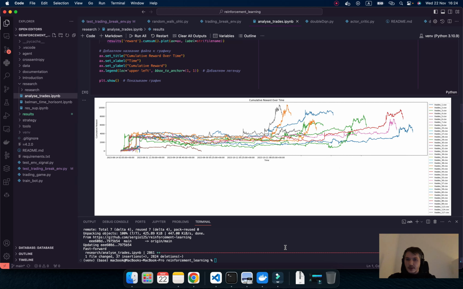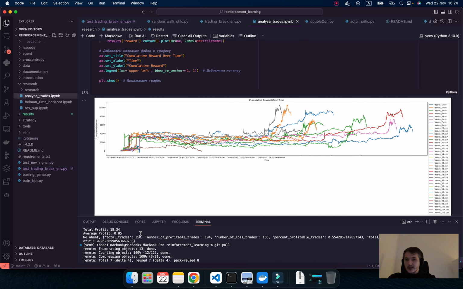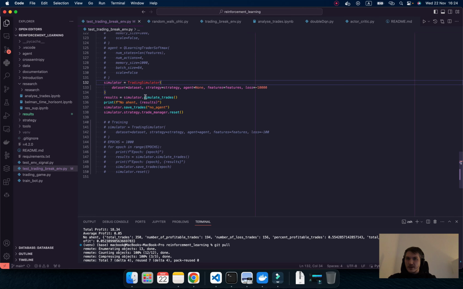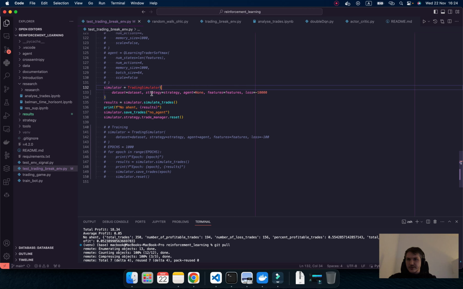So I did this backtest from scratch. It means without any reinforcement learning algorithm. Inside my trading simulator I input this data set. What is the strategy?